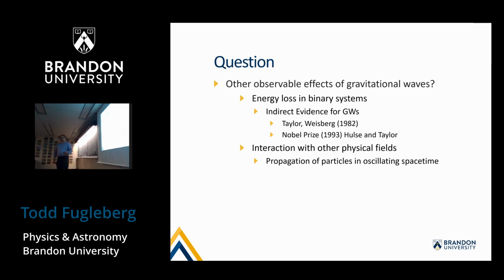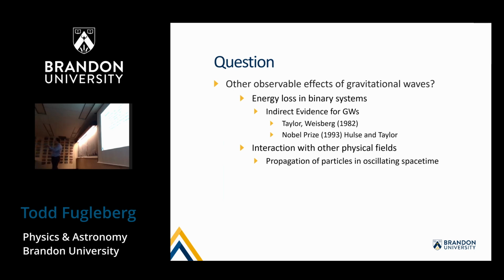But because it's such a weak signal, before they were detected, and even since then, people have said, well, are there other ways we can look at the effects of gravitational waves? And one of the ways was the first indirect evidence.